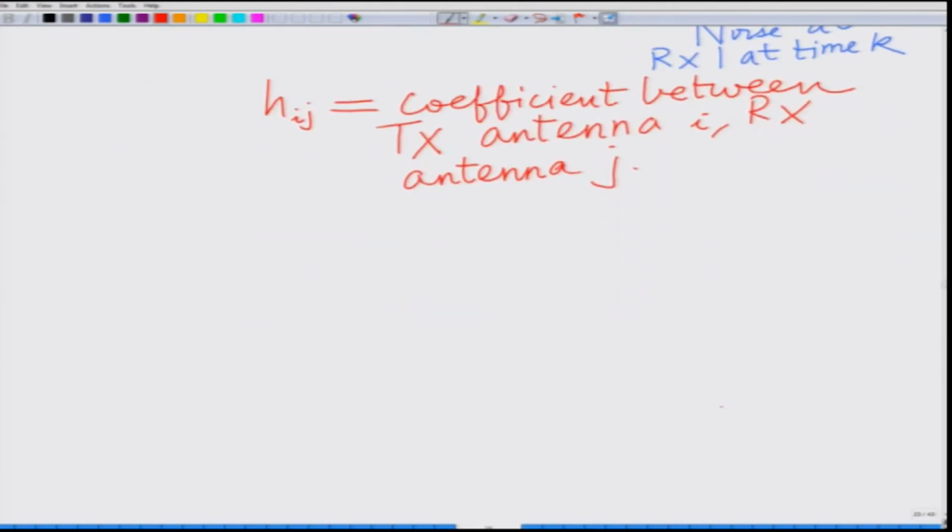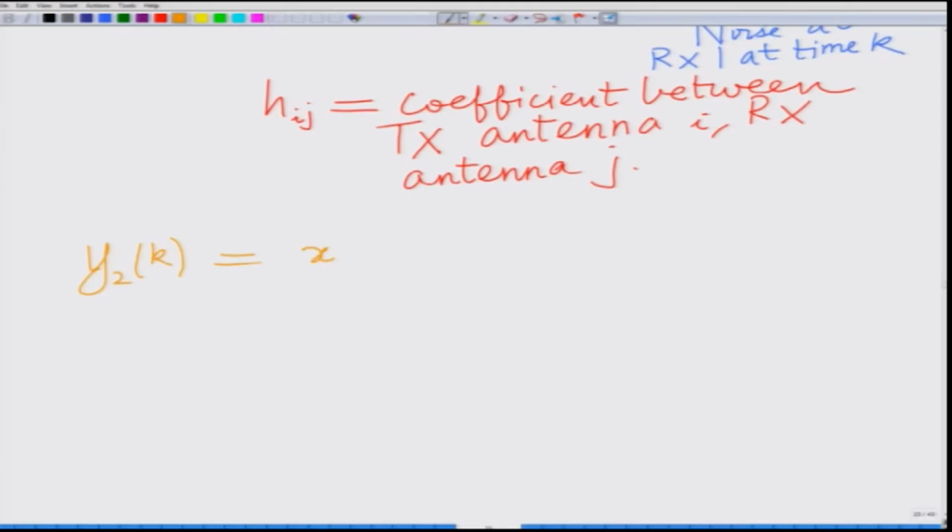Similarly, I can write y2k, the symbol received on receive antenna 2, alright. Remember, we have R receive antennas, so at any point of time k we have R received symbols y1k, y2k up to yRk.